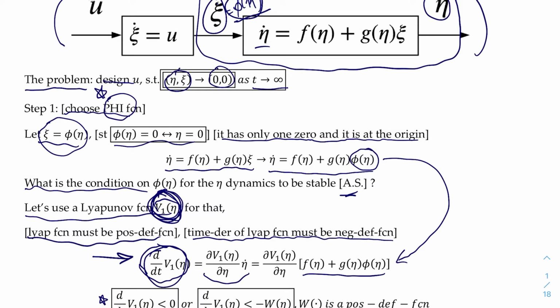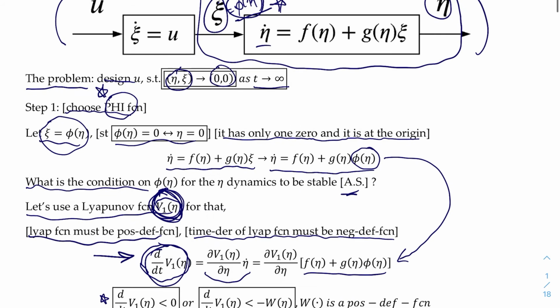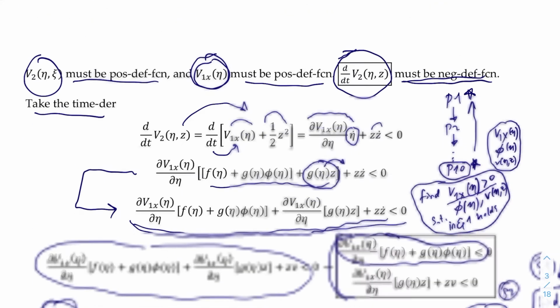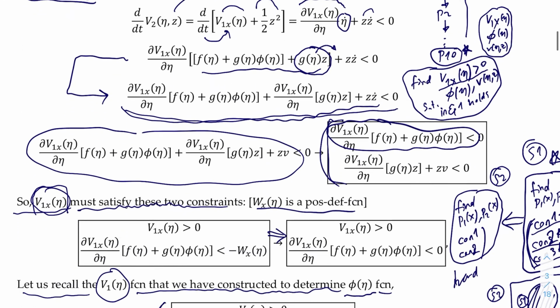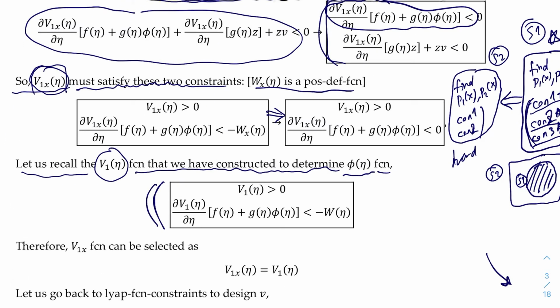Okay, the v1 of eta that we used to construct phi of eta. So let's go to page 3. Okay, here, yeah, these were the constraints on that v1 of eta.